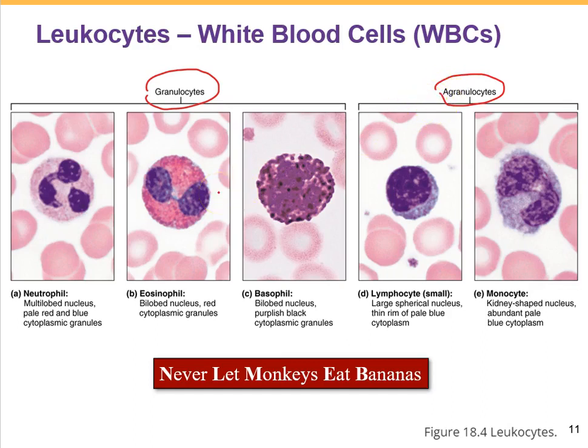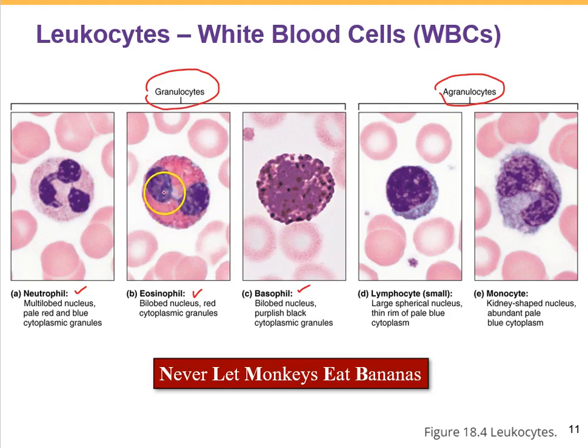The granulocytes include neutrophils, eosinophils, and basophils. As you can see, neutrophils have a multi-lobed nucleus, and their cytoplasmic granules are a pale, light purple color.